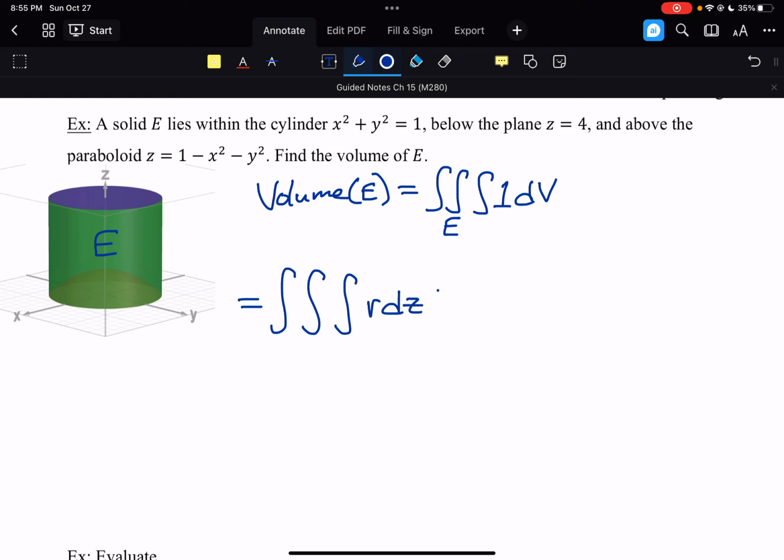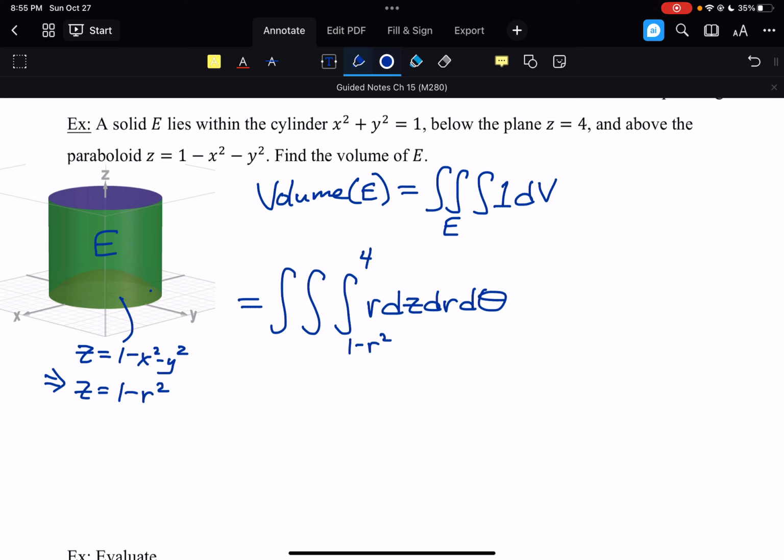So r dz, dr, d theta. Z, going from bottom to top, goes from the paraboloid up to the plane at 4. The paraboloid is z equals 1 minus x squared minus y squared, or if we convert to polar, just 1 minus r squared. So 1 minus r squared up to 4.